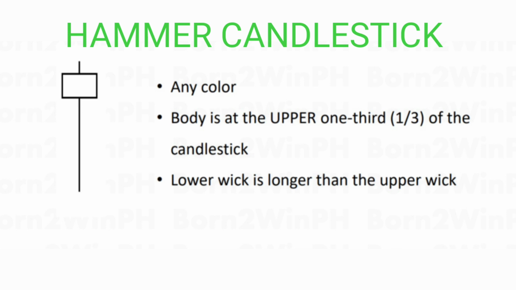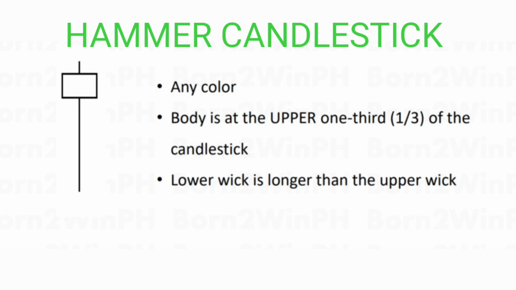A hammer candlestick can be a bearish candle or a bullish candle. Set aside the color of the candlestick. The most important is the size of the body and the size of the wick line.